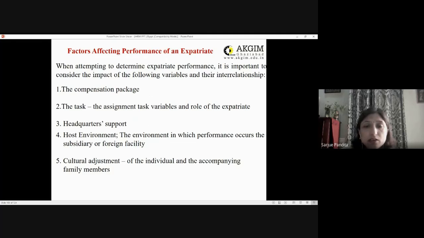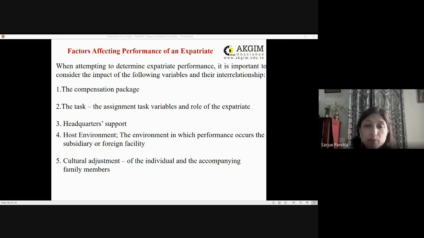First is the compensation package. It is essential that the organization recognizes the importance of remuneration, reward, and the performance equation. Perceived financial benefits, along with progression potential with the overseas assignment, are often important motives for accepting the posting.